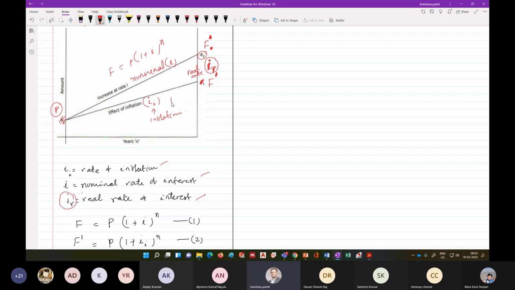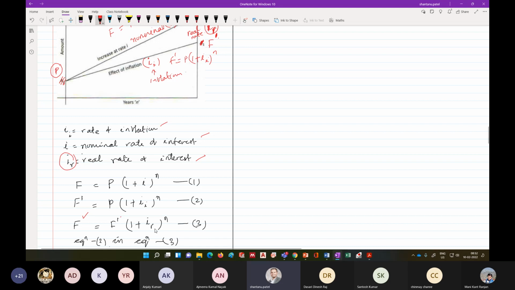And F dash equal to P times 1 plus I inflation rate to the power n. And because this has changed from F dash to F, that can be written as F equal to F dash into 1 plus IR to the power n, where R is for real rate of interest.